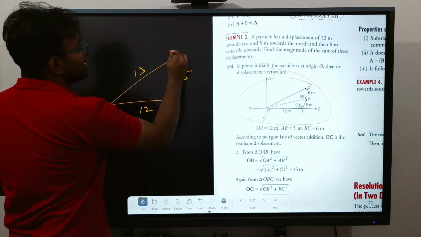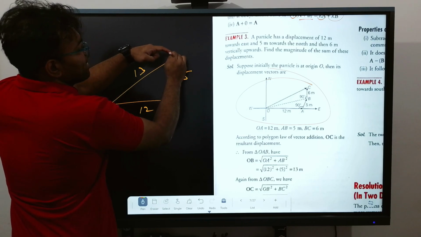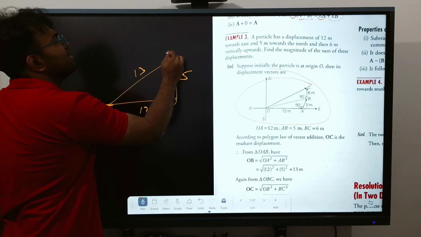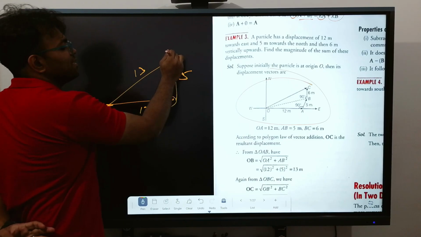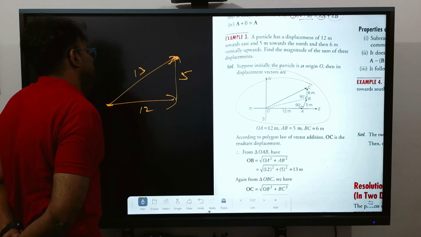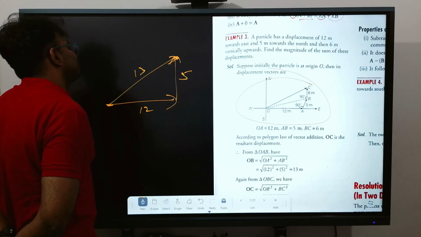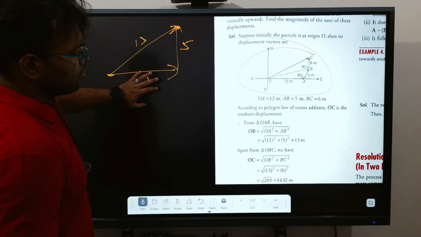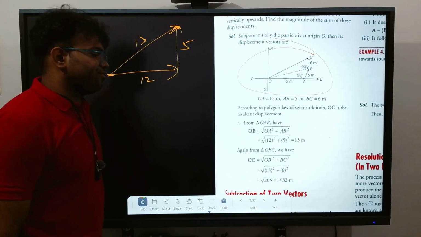And if this is 13 and this is 6, 13 squared is 169 and 6 squared is 36. 36 plus 169 is how much? 205.